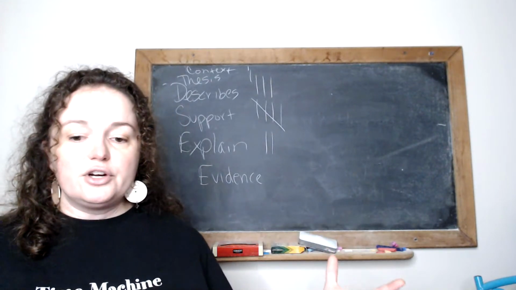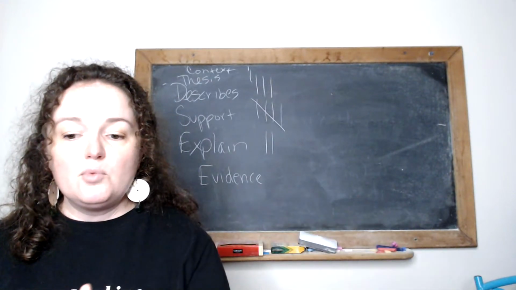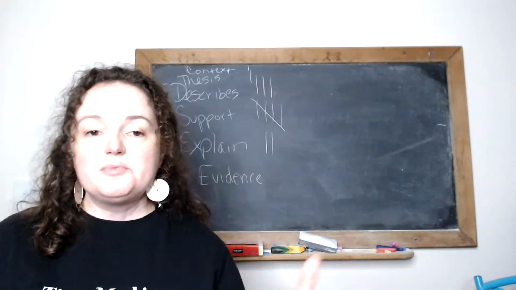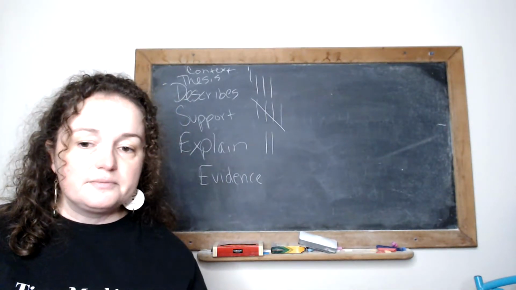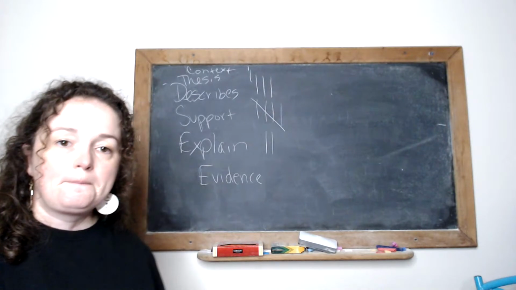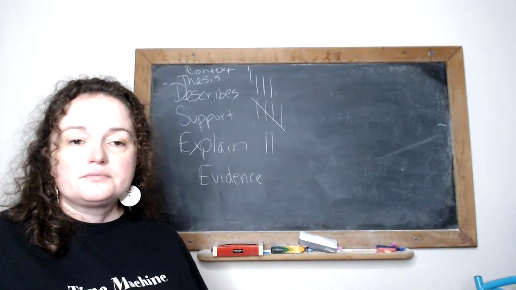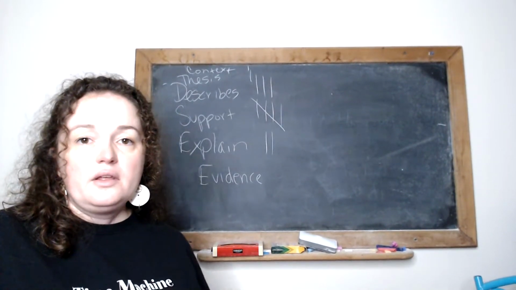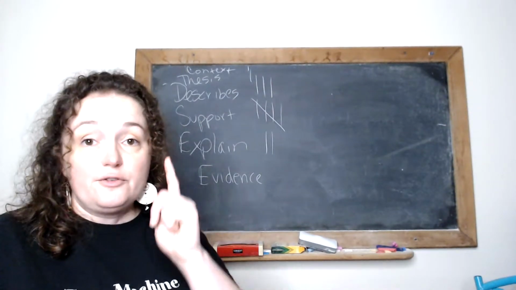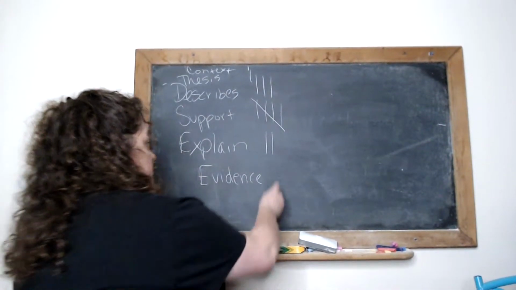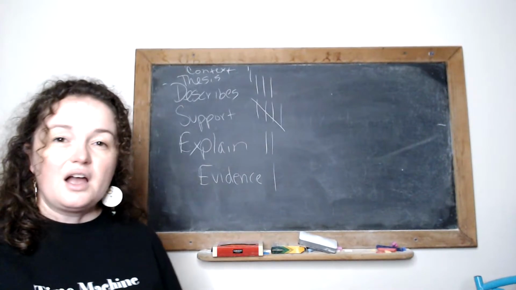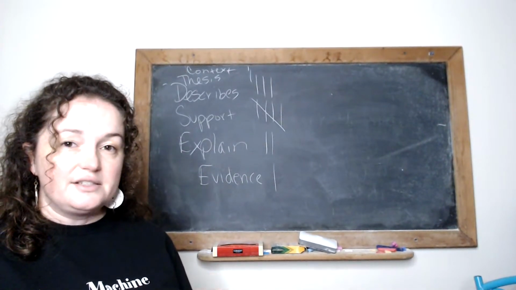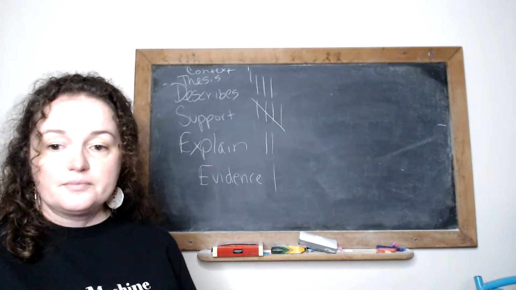Therefore, a shift occurred when the trade route became more prominent and the governments became more centralized. That would be good enough for 1 evidence point. I would say about 2 to 3 sentences is what you want to try for.